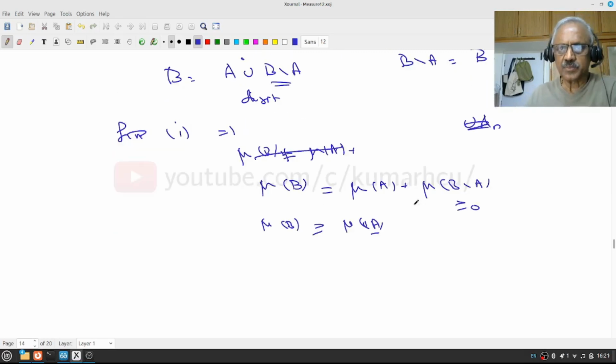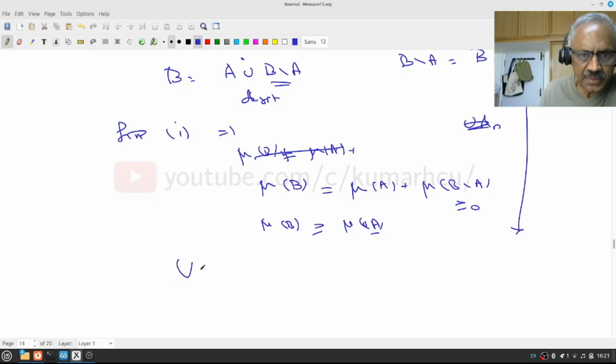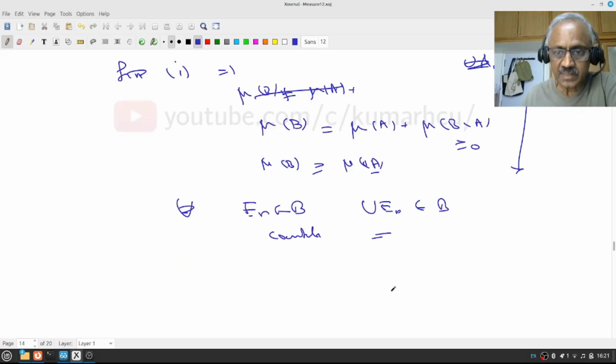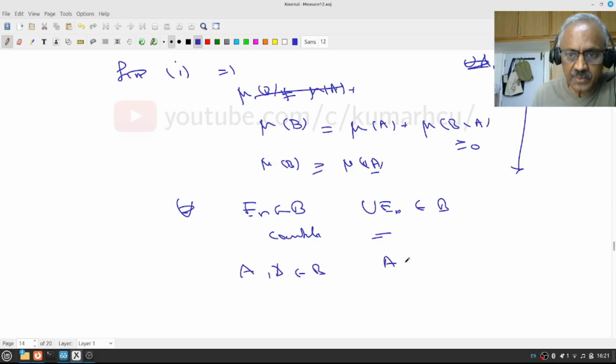Okay, something which I said there, let me try to explain. We know that if the En's are there, then union En is there. I said this is a countable family. The countable family, remember, may also include a finite family. Therefore, if A and B are in B, then I know A union B is in B, and A complement union B complement is in B, right?